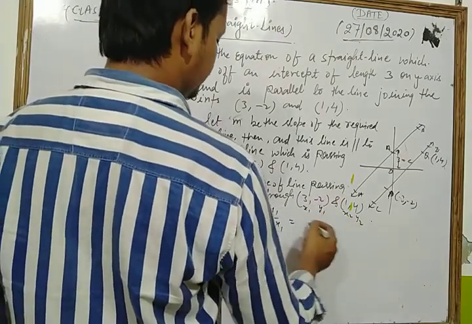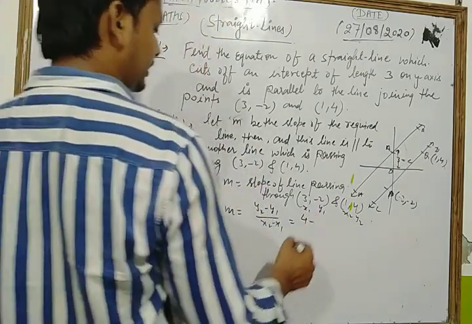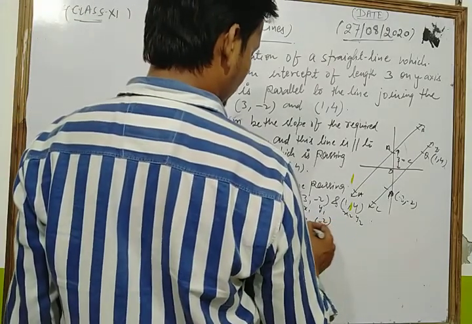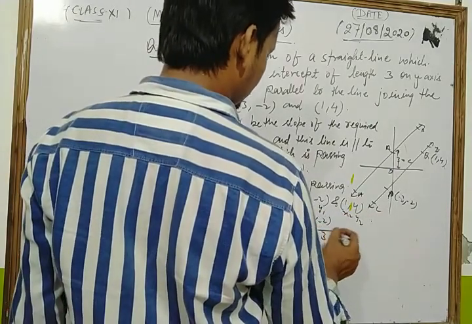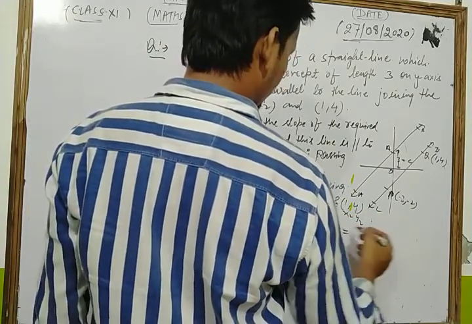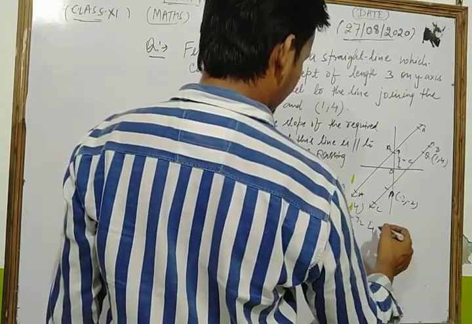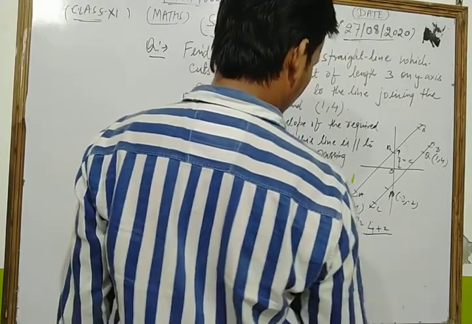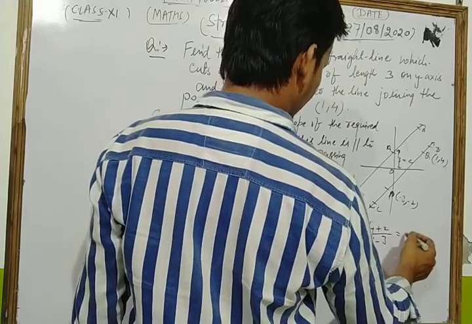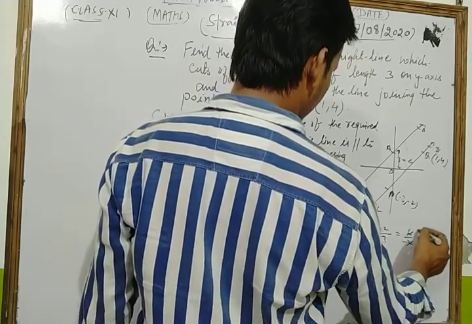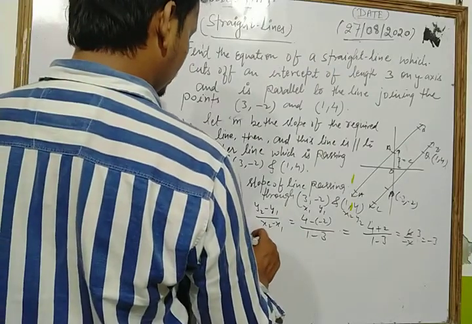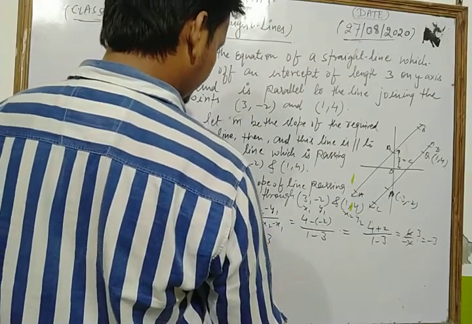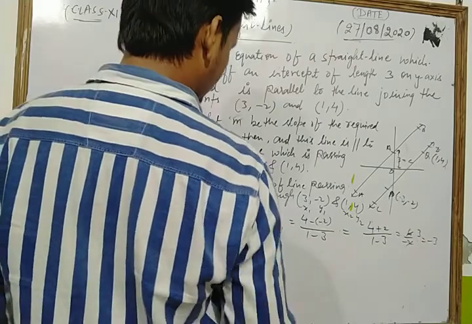Here y2 is 4, y1 is -2, x2 is 1, x1 is 3. So we have 4 minus (-2), that is 4 plus 2, upon 1 minus 3. So we have 6 upon -2, that is -3. So the slope of the required line, m, is equal to -3.